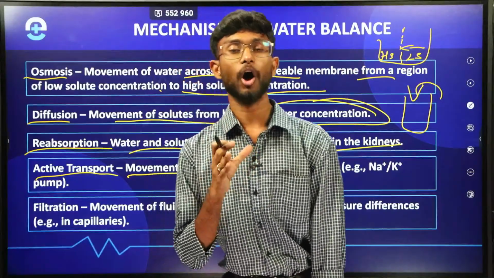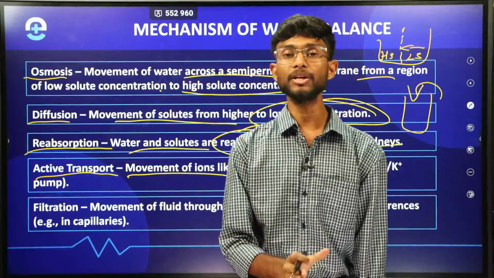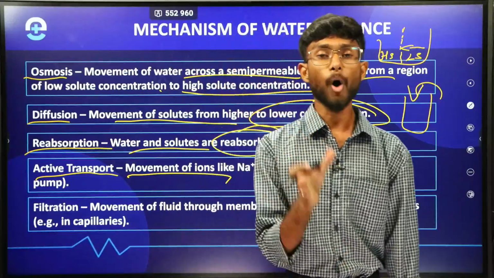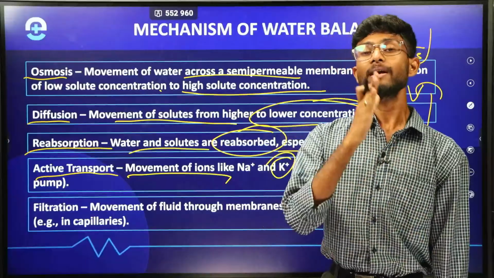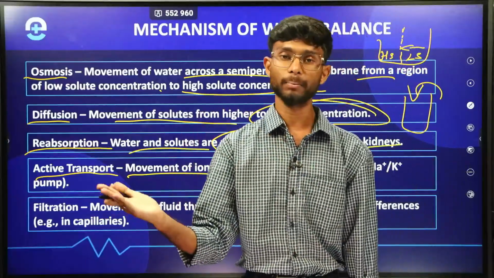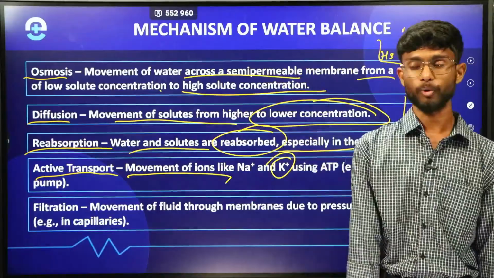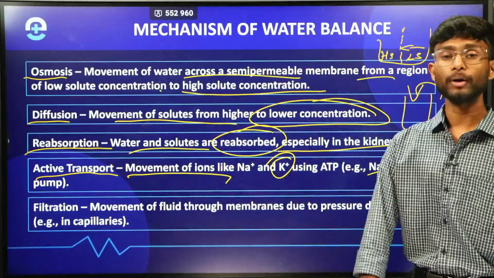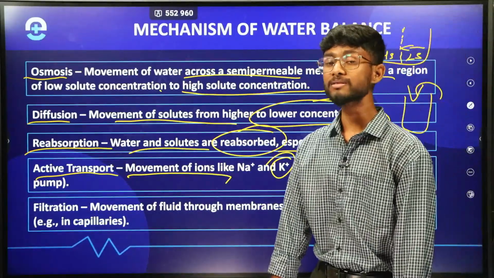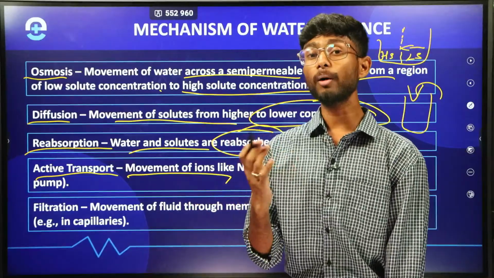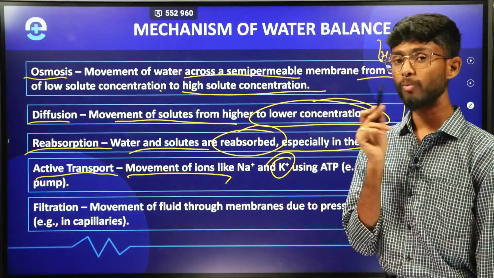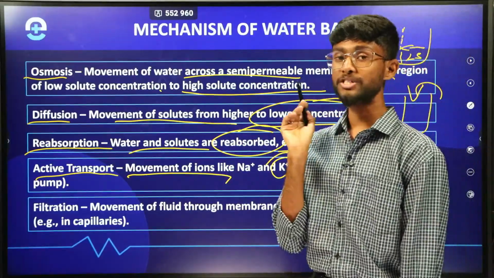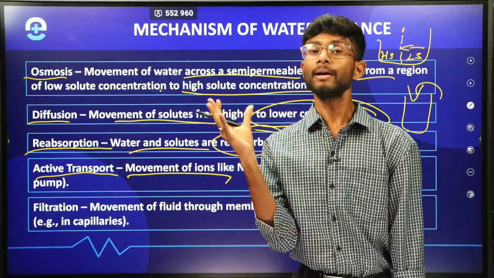Using energy, the molecules or ions are transported from one place to another, that is active transport. For example, the sodium potassium pump, which you can see in the absorption of nutrients in carbohydrates.